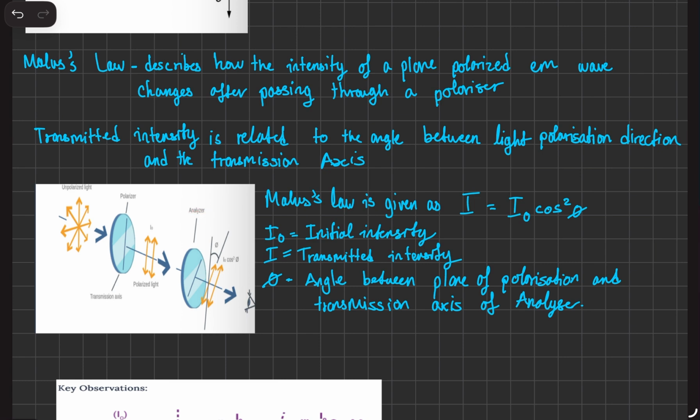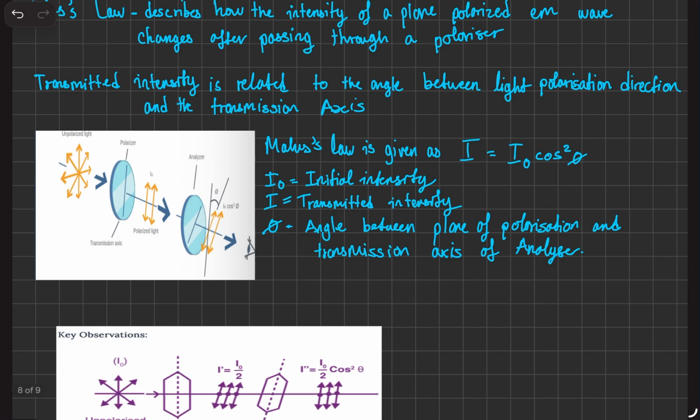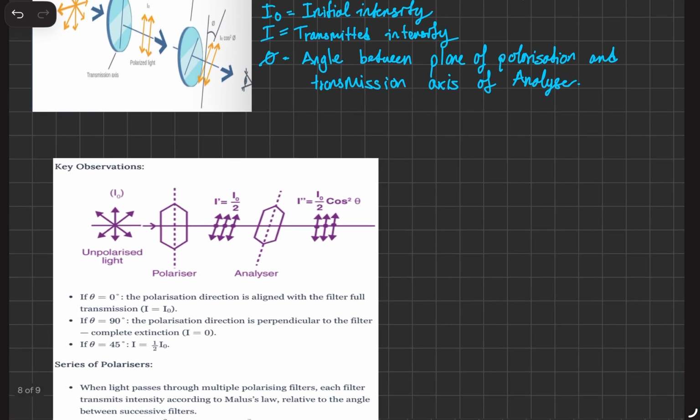It's the combination of this slit and this slit forming the theta value. So Malus's law is given as the transmitted intensity equals the initial intensity times cos squared theta, the angle between the plane of polarization and the transmission axis of the analyzer.